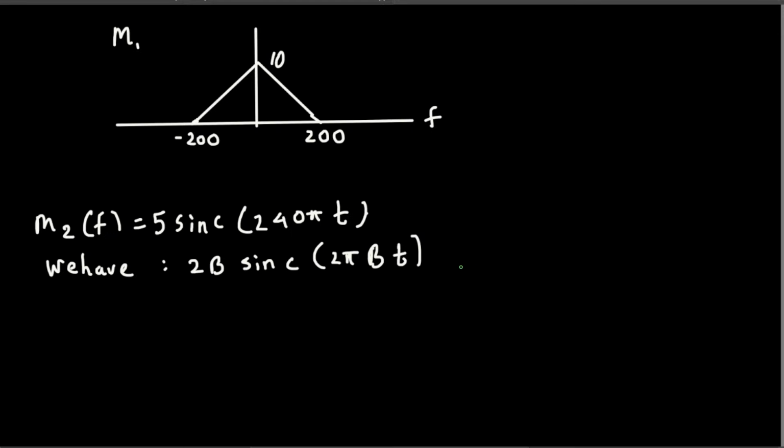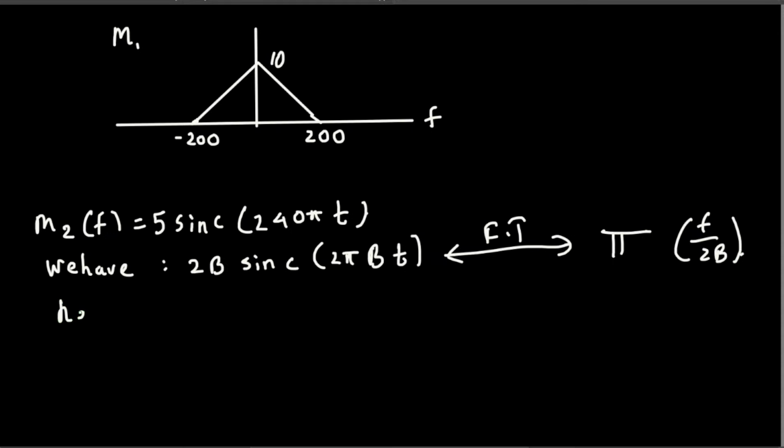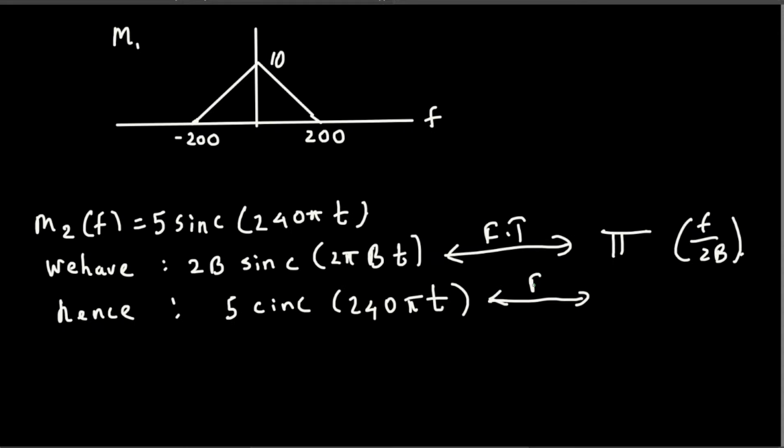So if you have something like that, the Fourier transform is rectangular of f over 2B, with 5 sinc of 2B t.